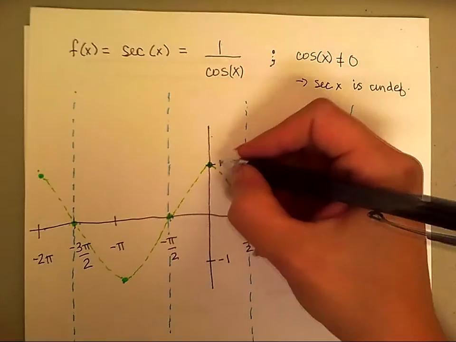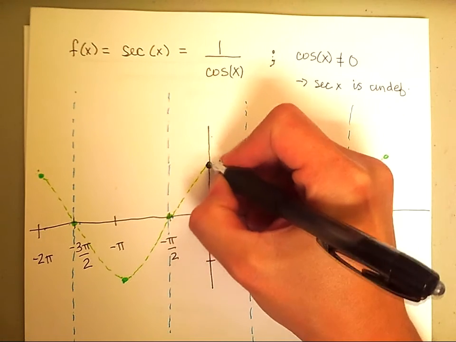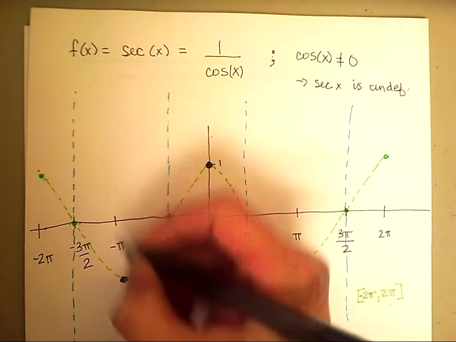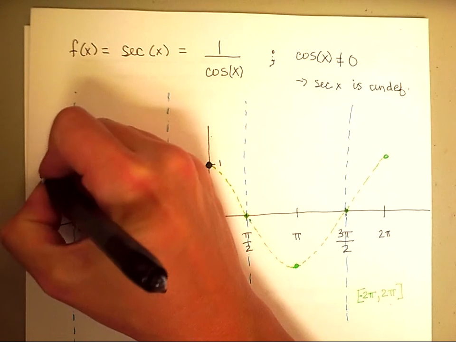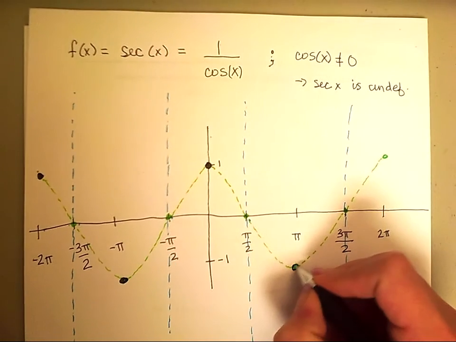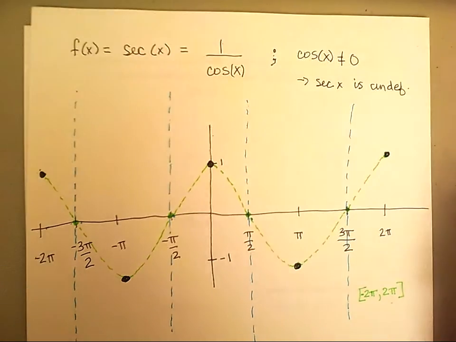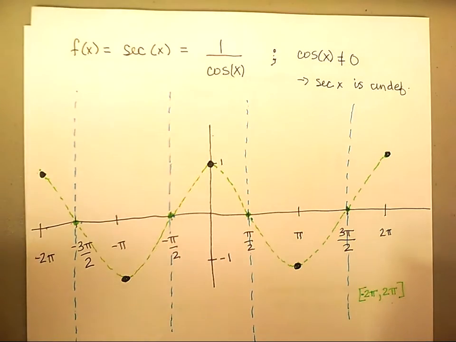So it turns out what happens then is that these peaks and these valleys, the cosine and the secant actually agree. So these peaks and valleys are actually part of the secant graph. So I'll fill those in black.